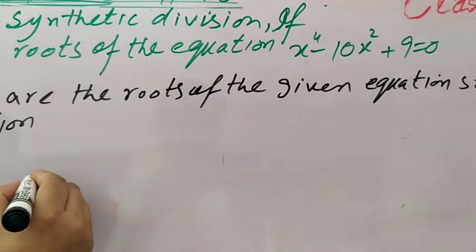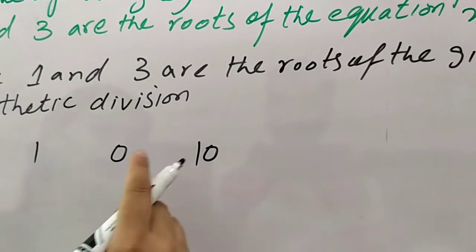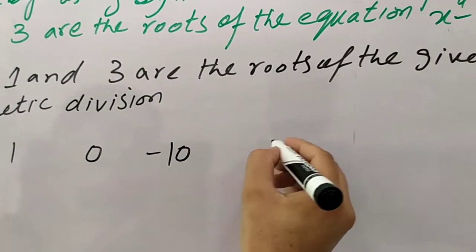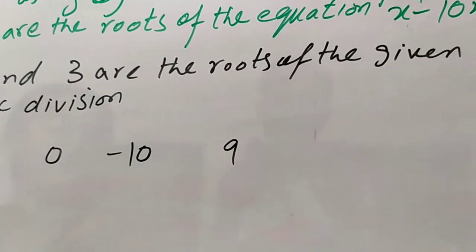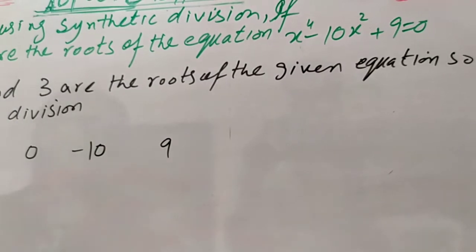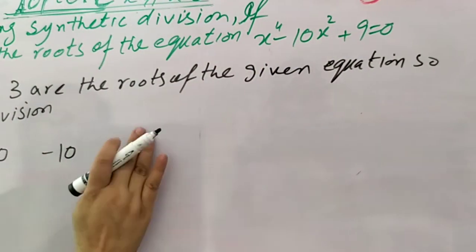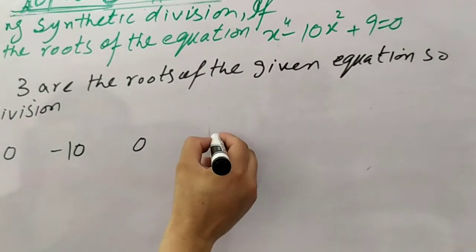after that I have 0, negative 10 and 9. Sorry, over here I have left the coefficient of x, so for that I am going to write 0 and it's 9.